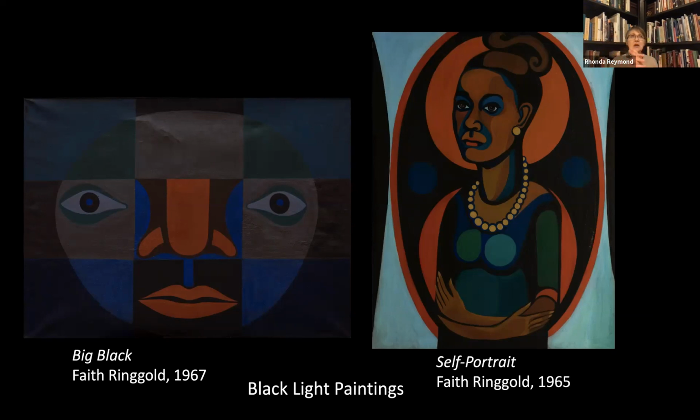If you're an art student, you were taught very early on, you have to have the darks and the lights in order to make something look three-dimensional. And what Ringgold was working towards in her paintings is that for people with dark skin, doing chiaroscuro didn't work the way she wanted to work in images.